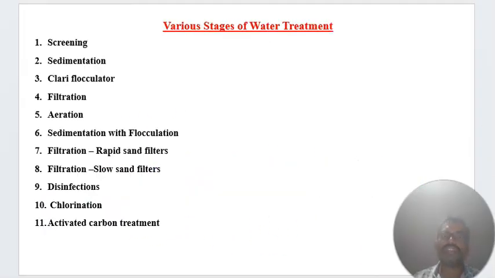Now coming to this point, which is very important: the various stages of water treatment technology. You can see here I mentioned a total of 11 technologies used as various methods for wastewater treatment. First is screening, sedimentation, coagulation, flocculation, filtration, and aeration. Then rapid sand filtration, another method the slow sand filtration, disinfection, chlorination, and activated carbon treatment.